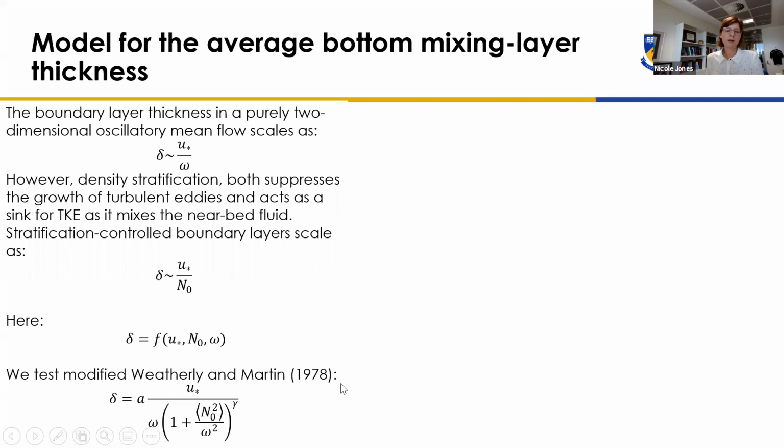So we went back and looked at an old formulation which included all of these parameters, and we were able to calculate from our data the average boundary layer mixing layer height, and compare that to our average U star, or our root mean square U star, our background stratification, and the forcing frequency being our 12.4 hour tide, which is applicable to both the internal tide as well as the surface tide at our site.